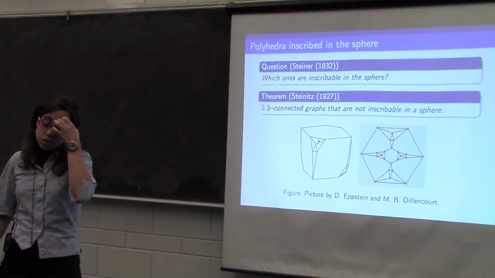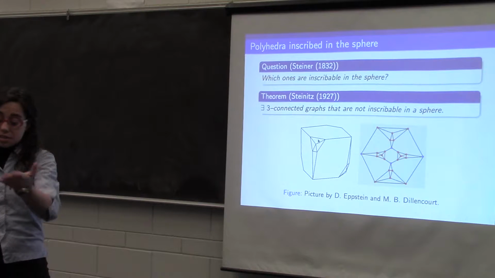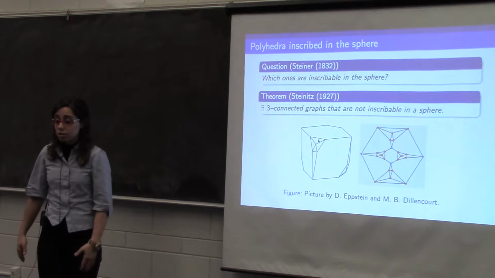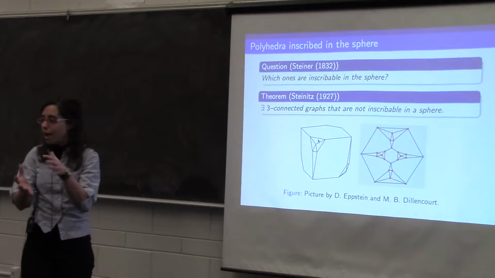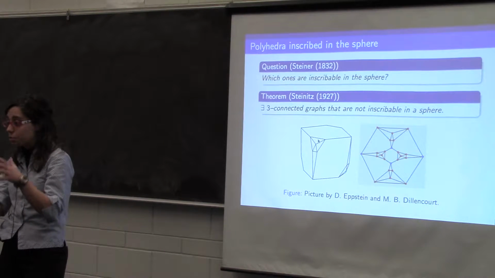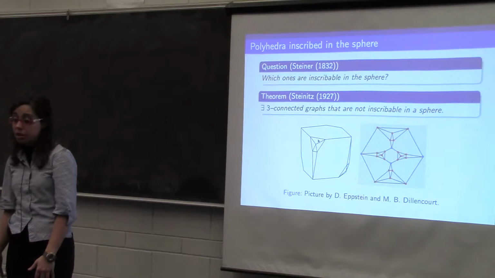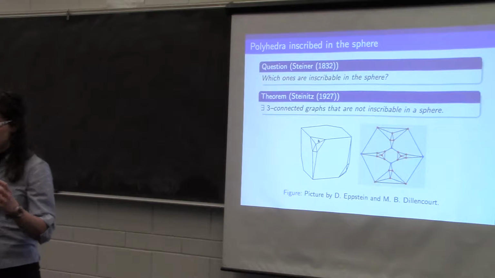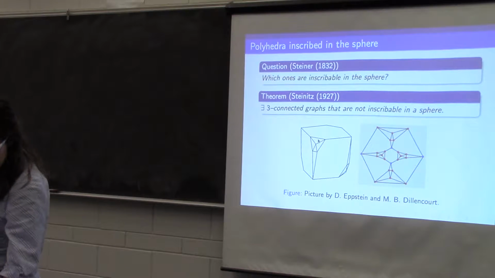This is an example of a graph that you cannot realize as the one-skeleton of a polyhedron inscribed in the sphere. Actually, you can just take a cube and cut off one vertex.